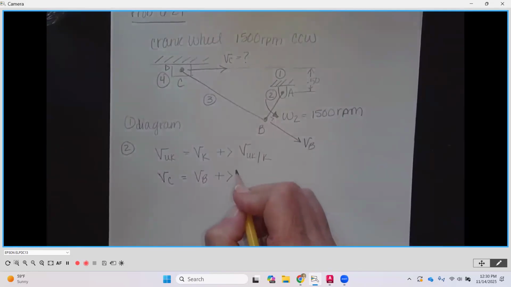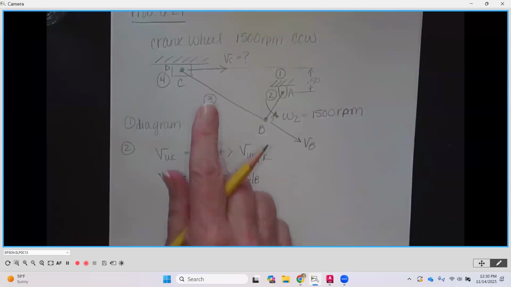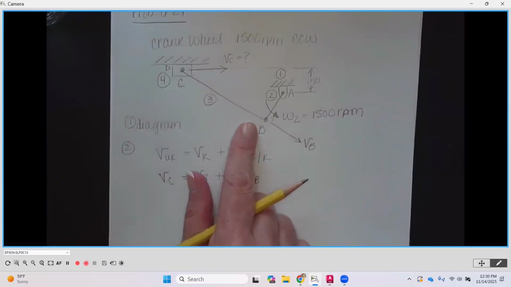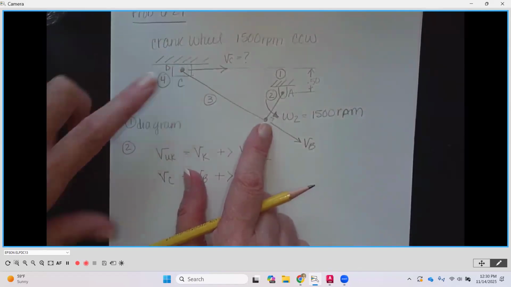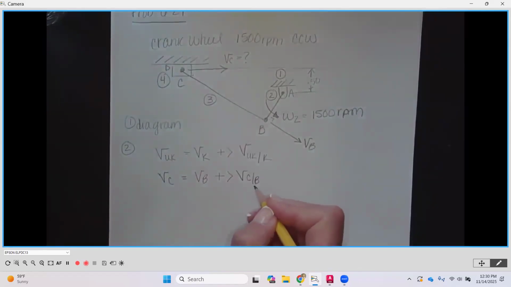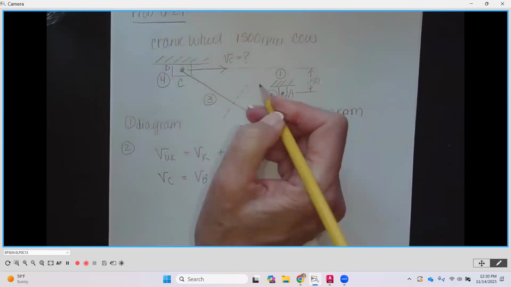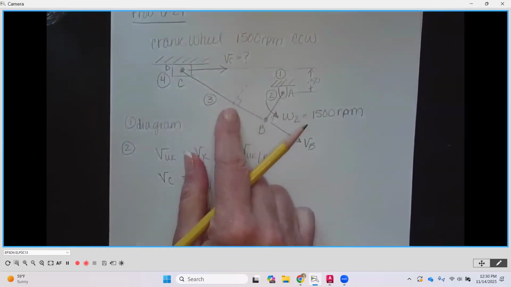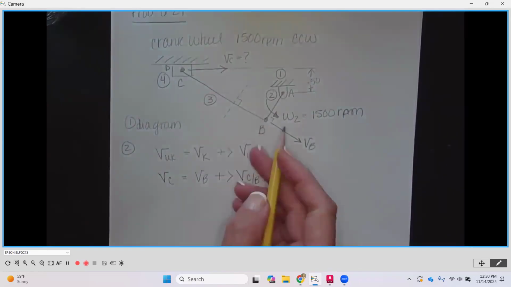Now this one is simply going to be saying, oh, it's the velocity of C relative to B, the unknown relative to the known. Now that velocity is the straight line velocity of the link connecting these two, C and B, okay? And as we learned, that straight line velocity is always perpendicular to something, so that means that it is going to be perpendicular to that link connecting these two, so perpendicular to the orientation of link number 3 right now.